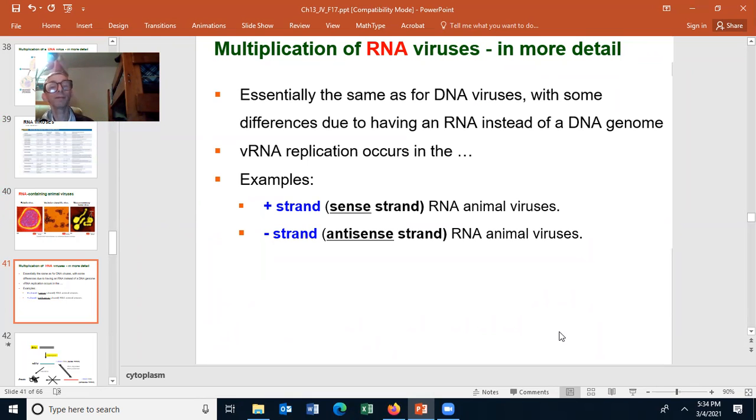There is one exception, and you need to know about it because we'll talk about it, and that is the retroviruses. They are an RNA virus, but they do not replicate in the cytoplasm. They replicate in the nucleus. So the rule of thumb works for all RNA viruses except for the retroviruses.